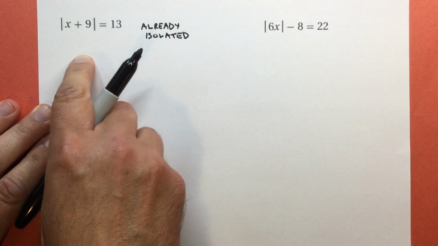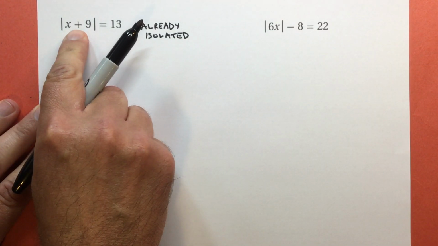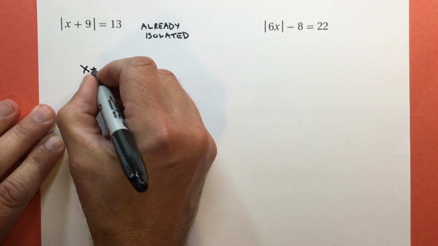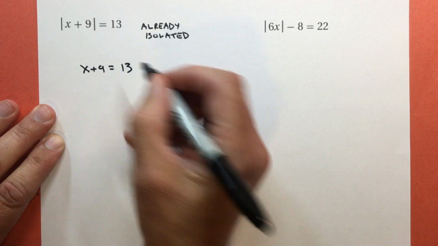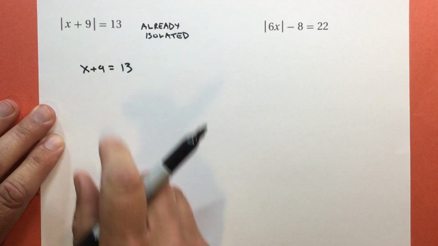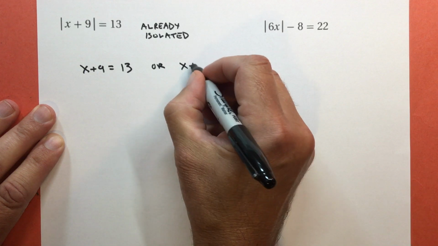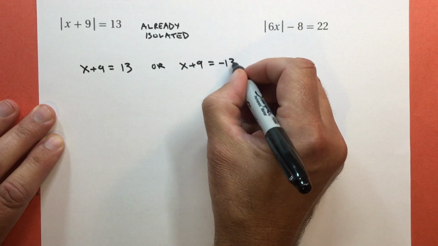This one is ready to be split. What do I take the absolute value of and I get 13? Well, x plus 9 could equal positive 13 because the absolute value of 13 equals 13. Or x plus 9 could also equal negative 13.